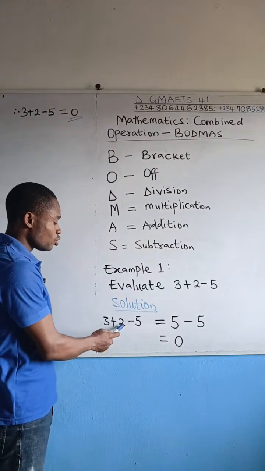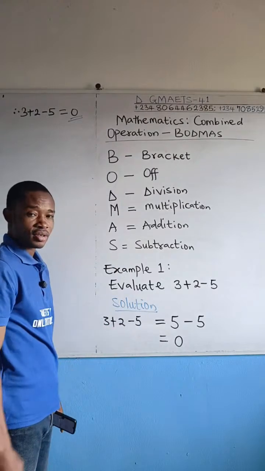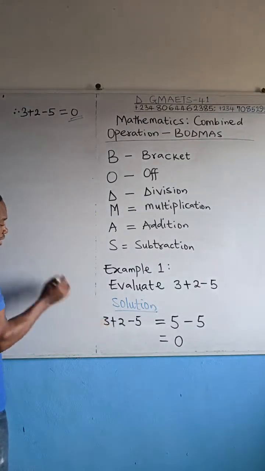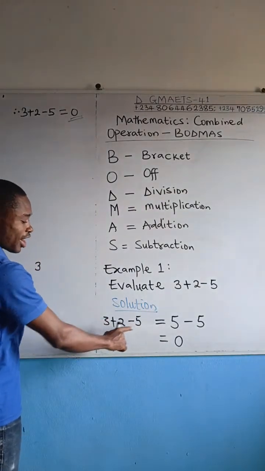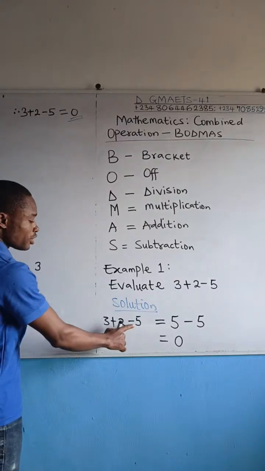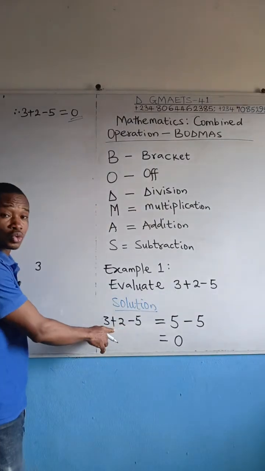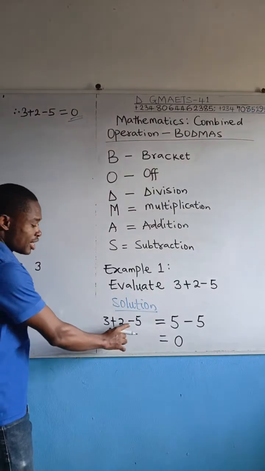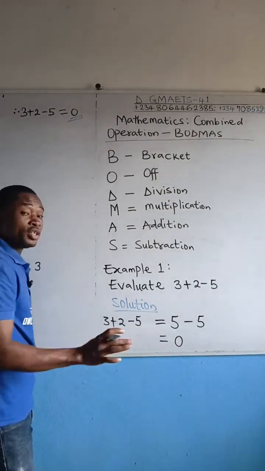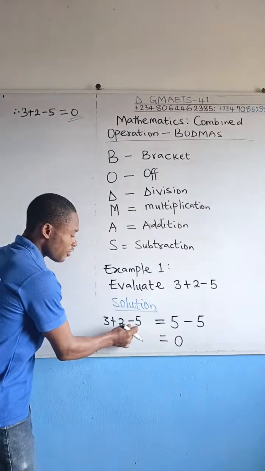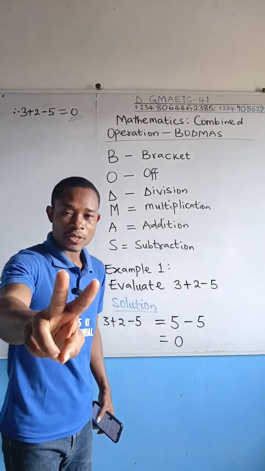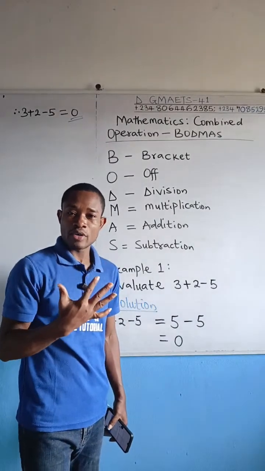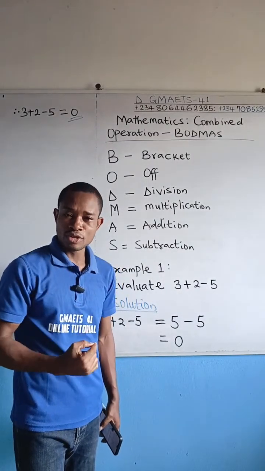I can decide to do 2 minus 5 first, which means I just write my 3 first, then do 2 minus 5. This 2 is plus 2, and then minus 5. Plus 2 means you have 2. Minus 5 means you are owing 5. Now, if you have 2 oranges and you are owing me 5 oranges, what will you do?